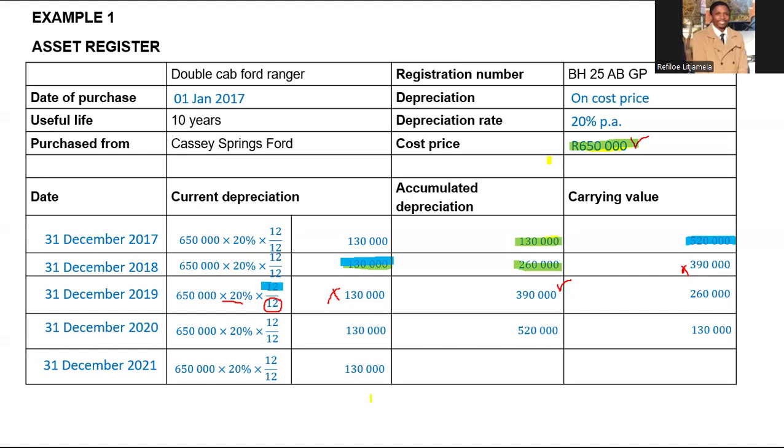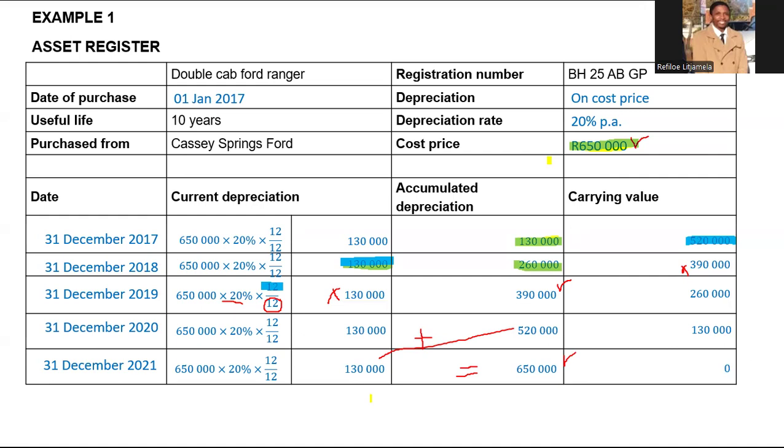Accumulated depreciation will be that 130,000 plus the 520. It'll give us a total accumulated depreciation of 650. So the cost is still 650. So 650 minus 650 will give us 0 as the carrying value.